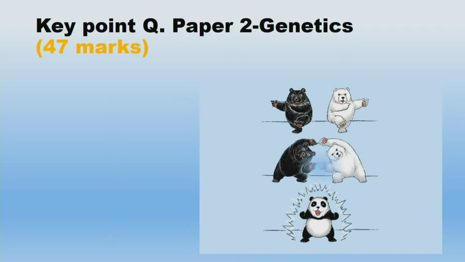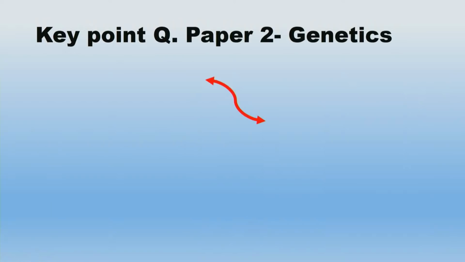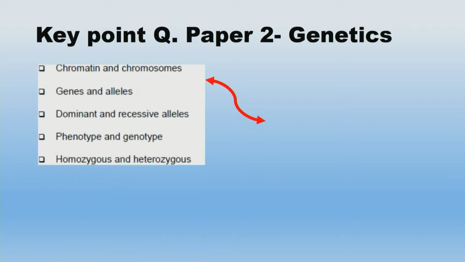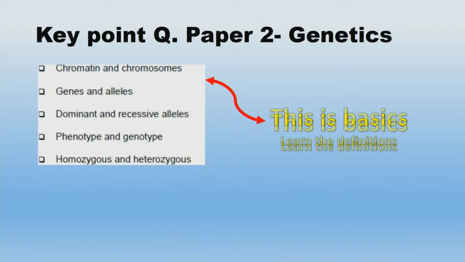Right. Then, on genetics. Genetics can be very difficult because the learner must understand genetics before we can answer any of the genetic questions. So let's look at some of the very important keywords in genetics. In this case, this is the basics, and we have to learn the definitions of these.